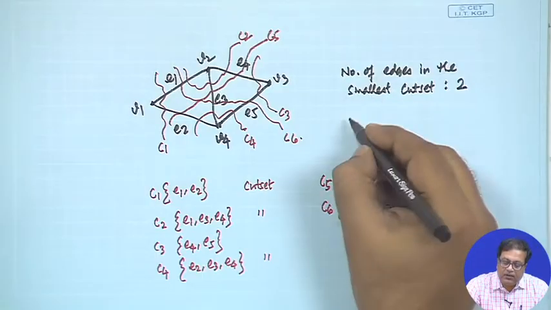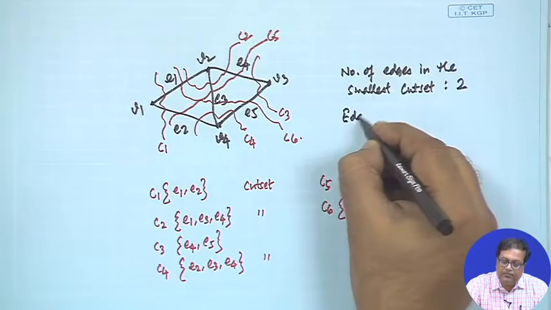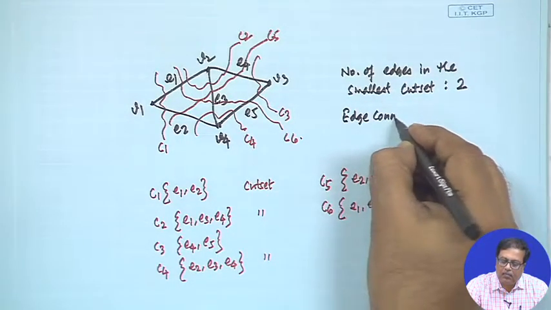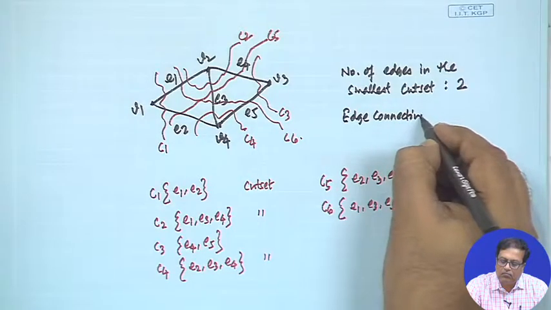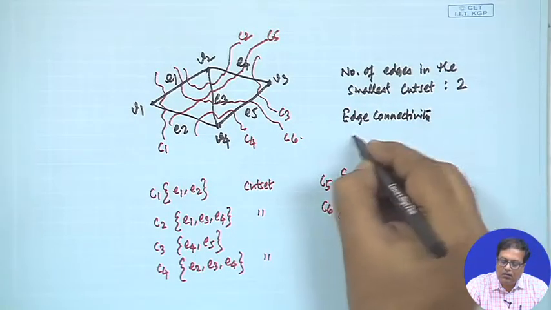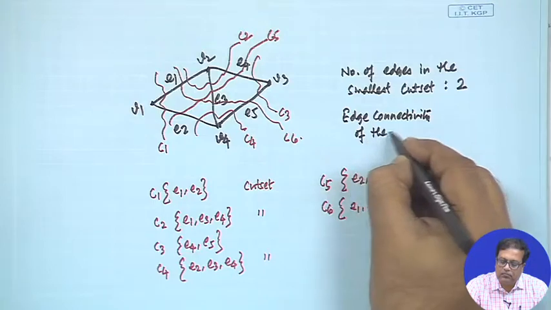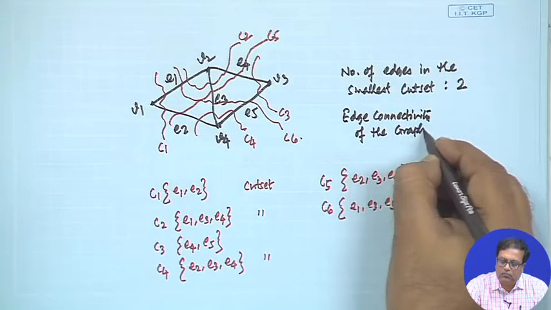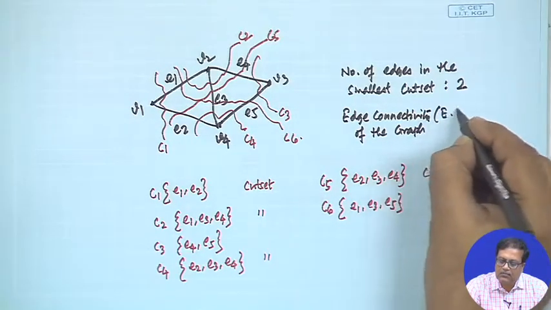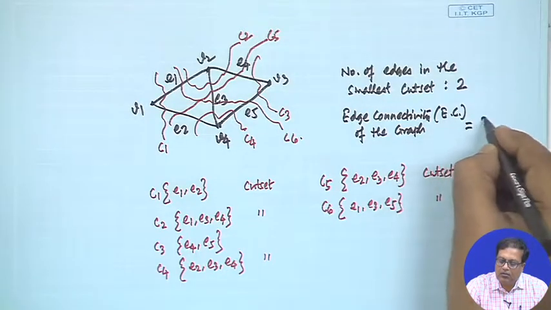So, therefore, the edge connectivity of the graph, that is EC, equal to 2.